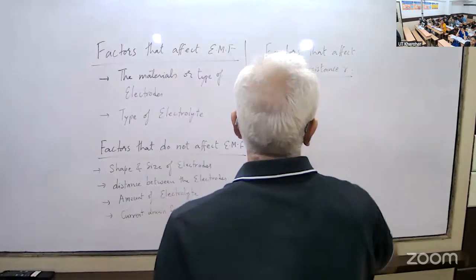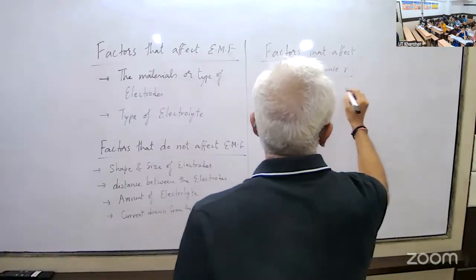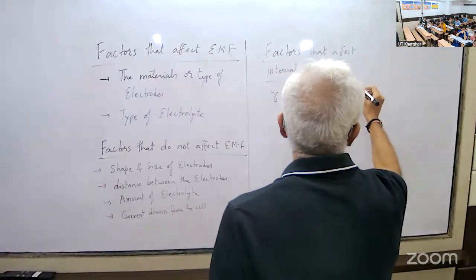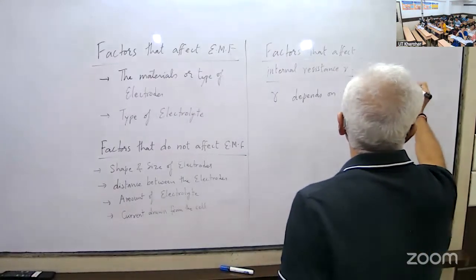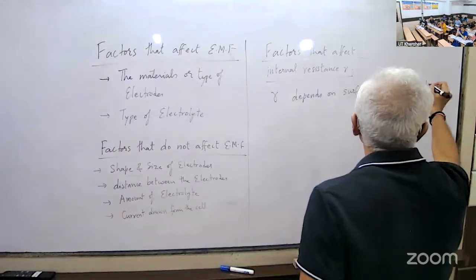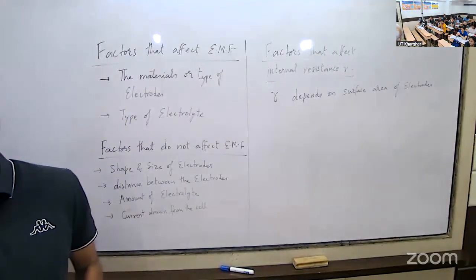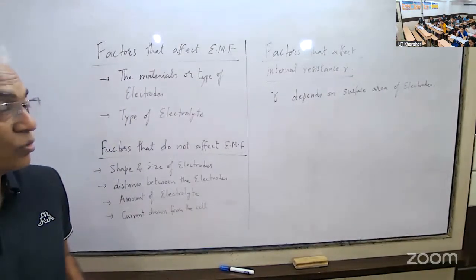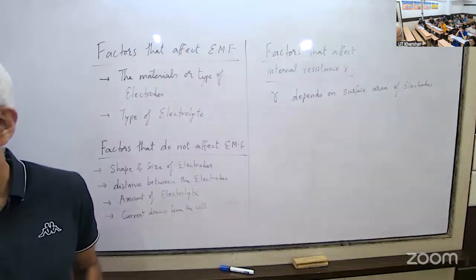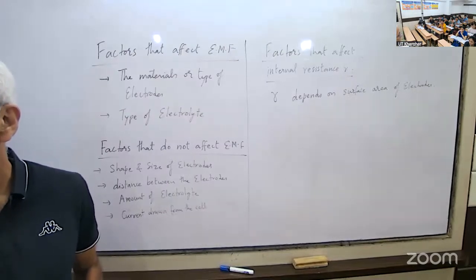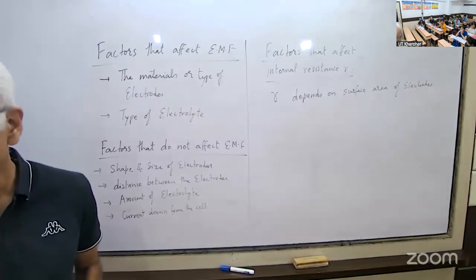How will it depend? If I increase the surface area, what should happen to R? What is the relation with the resistance? R is inversely proportional to area.